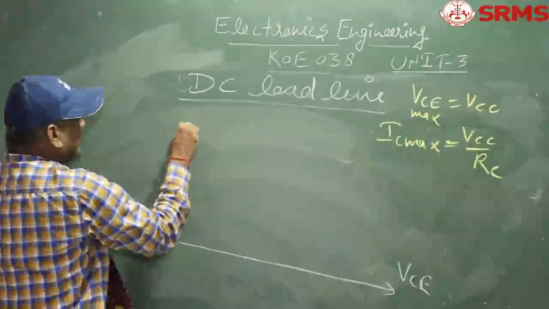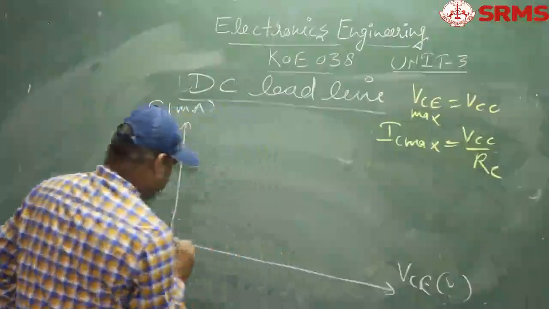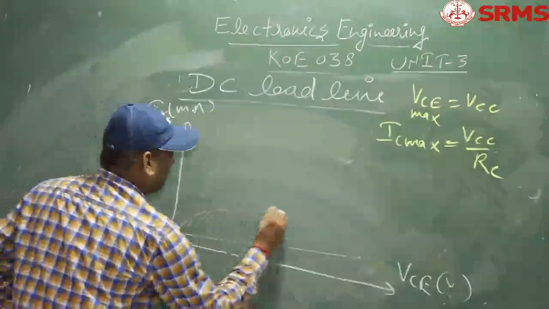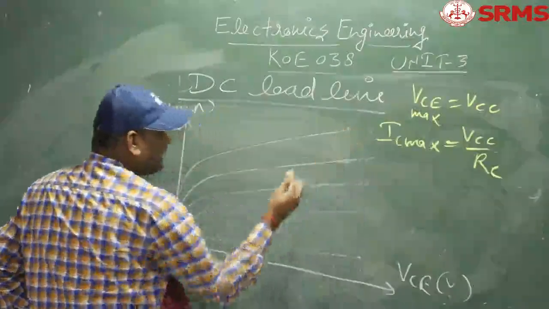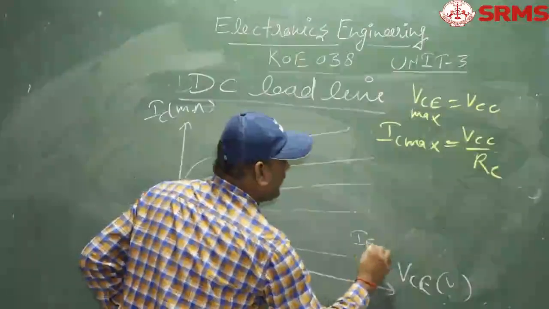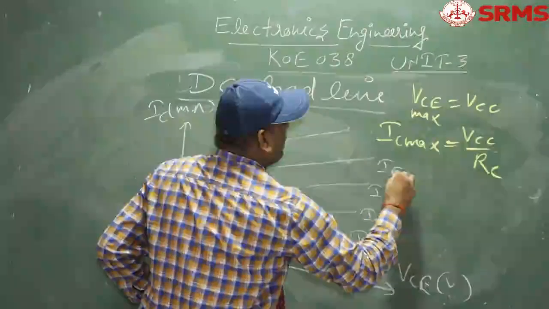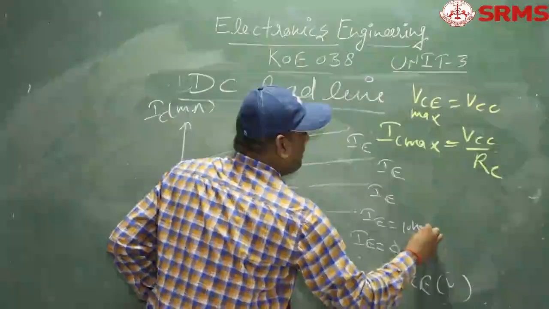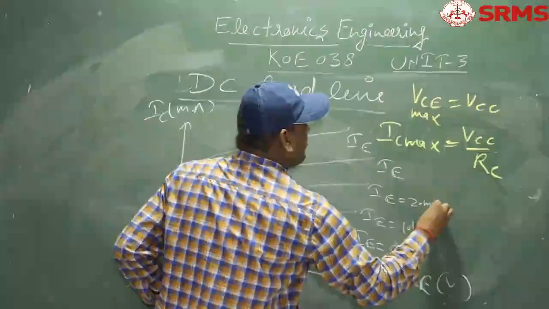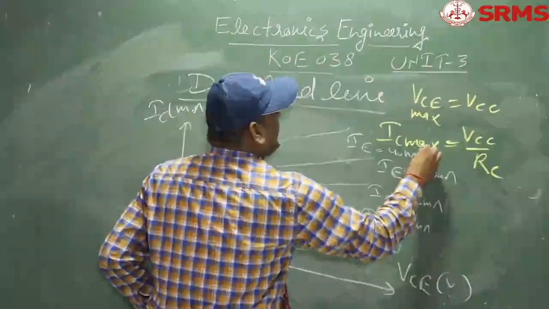This is VCE in volts, this is IC in milliamperes, this is the characteristic, for the given values of input current IB: 0, 10 milliampere, 20, 30, 40 milliampere.